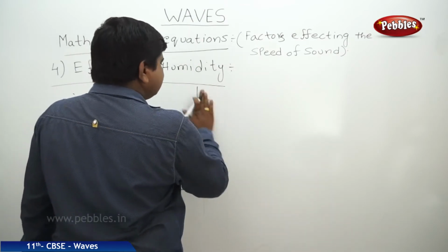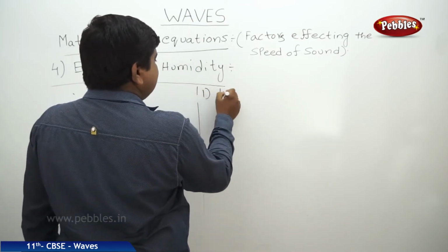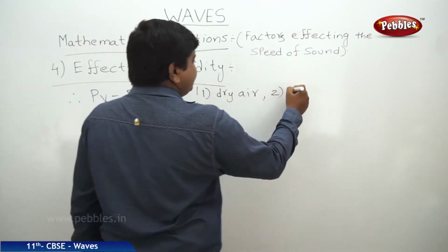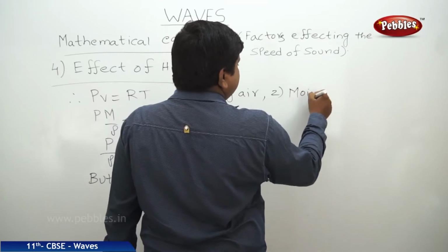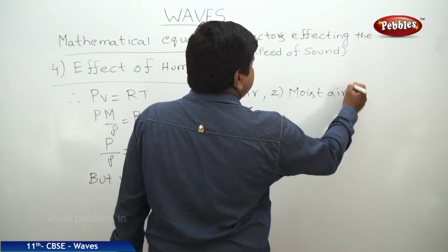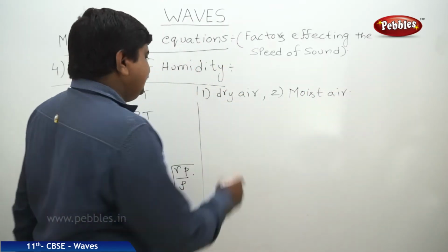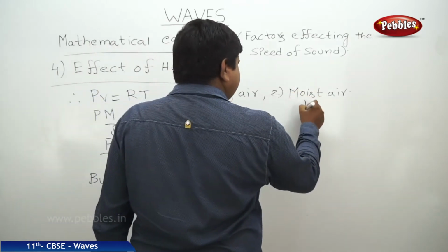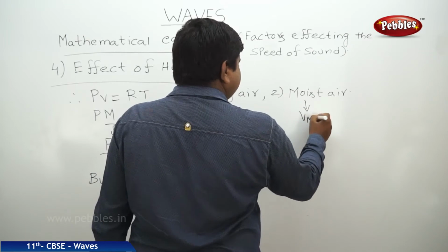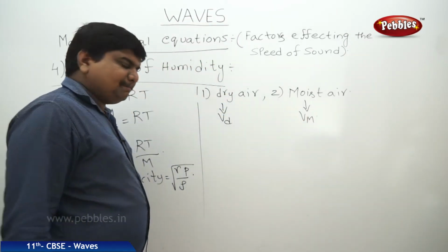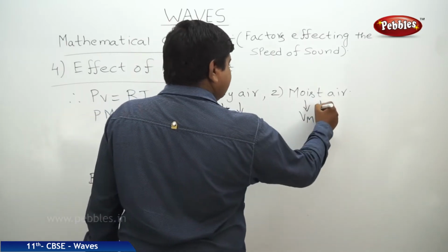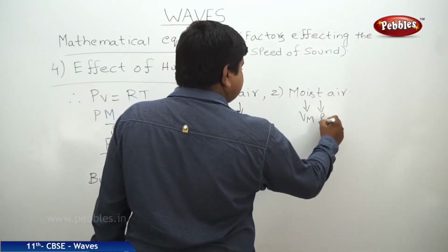Therefore, there are two factors. One is dry air, second one is moist air. For the dry air, speed is Vd. For moist air, speed is Vm. For the dry air, density is rho d. Moist air, density is rho m.